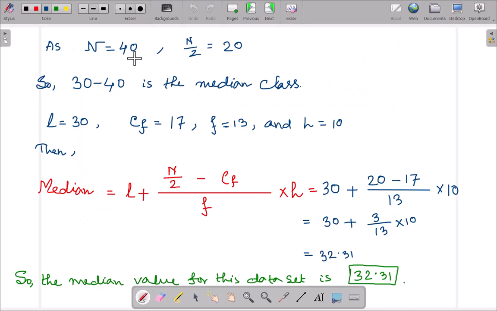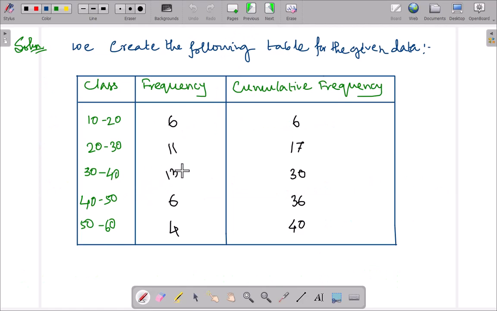Here n equal to 40 and n by 2 equal to 20. Now we need to see in which interval 20 lies. In this table you see the cumulative frequency is 17 when the class interval is 20 to 30, and after that we get the cumulative frequency 30 in the interval 30 to 40.